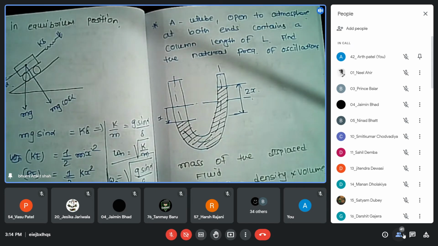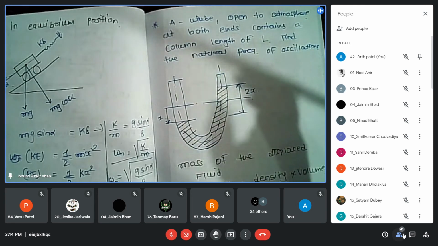Okay. So what is the statement? A U-tube manometer. This is the U-tube manometer, right? A manometer is used to measure the pressure.